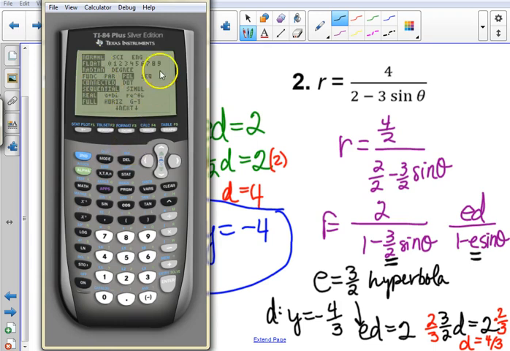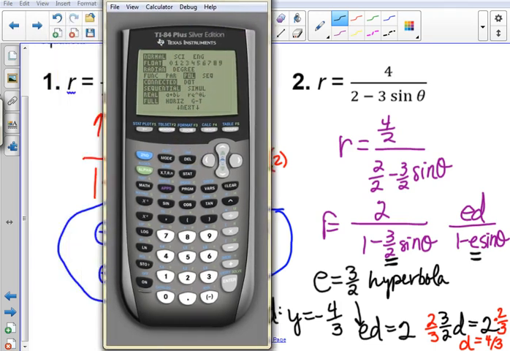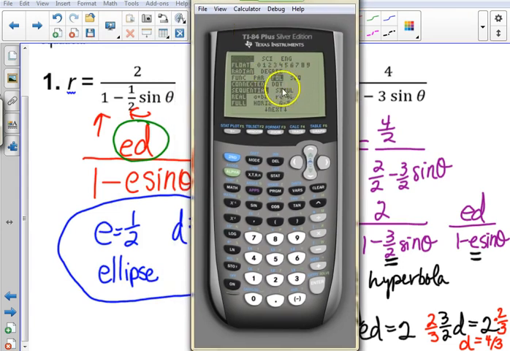Polar mode starts with a P. Go to y equals and type in 2 divided by the quantity 1 minus, I'm just going to use 0.5, sine of theta. Make sure that whole bottom is in parentheses.